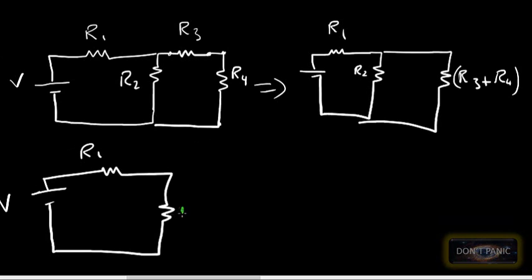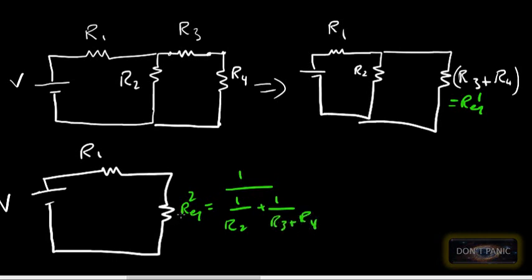Let's call this R equivalent 2, and let's call this R equivalent 1, which is equal to 1 over R2 plus 1 over R3 plus R4. So then in this circuit, you can find out the current here. So the current is going to be V over R1 plus REQ2.